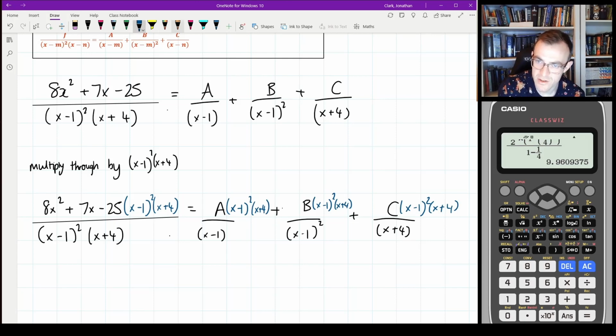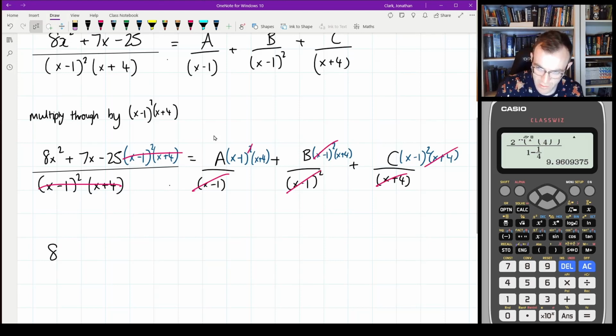And some parts here are going to cancel. So for the A term, we're going to have one part there cancelling. For the B term, it's going to be this entire bracket, and then for the C term, it's going to be the x plus 4. And on the left side, it's going to be everything there with everything there. So I get the following.